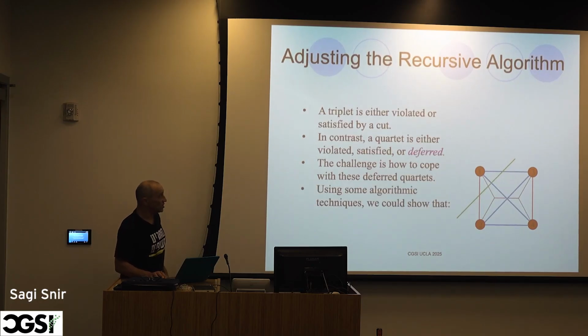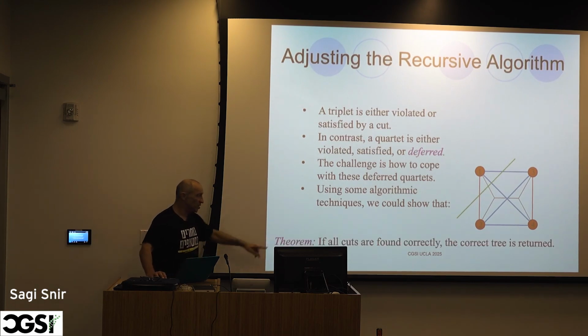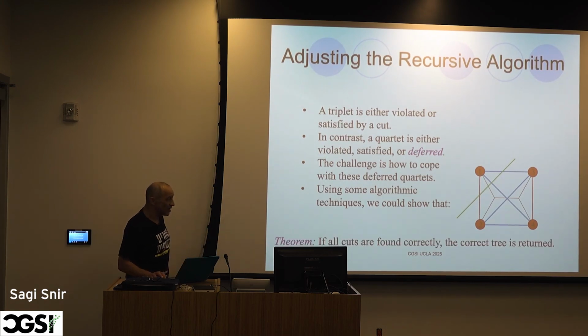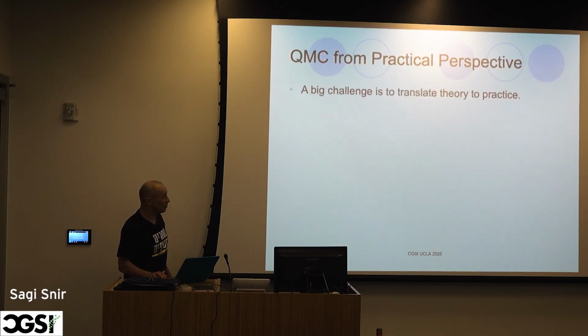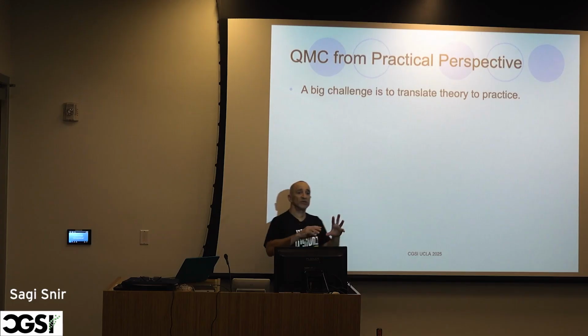Using some algorithmic techniques, we could show that if all cuts, which are the splits in the tree, are found correctly, the correct tree is returned. Now, this is about the theory and the intuition behind max cut and quartets.